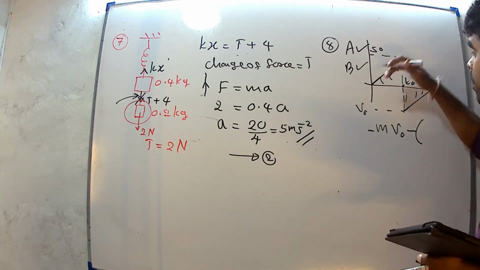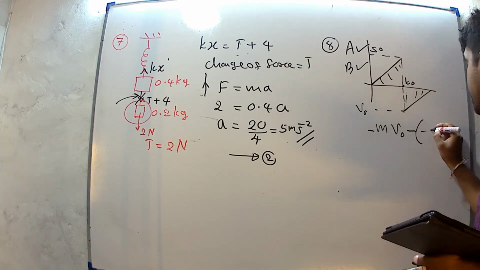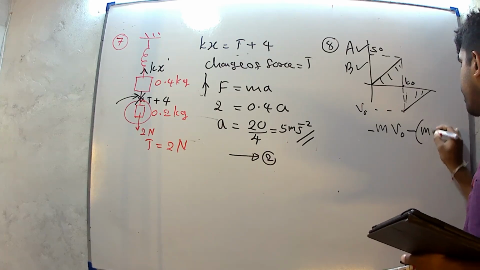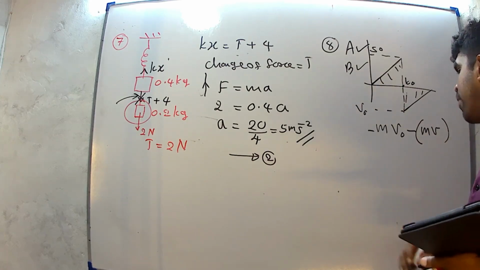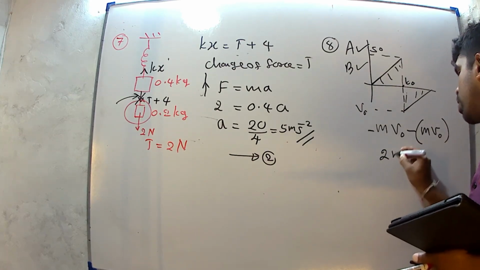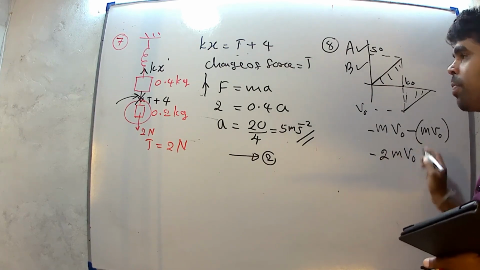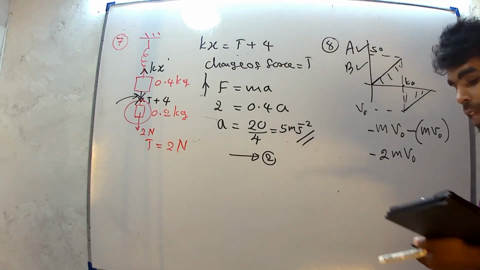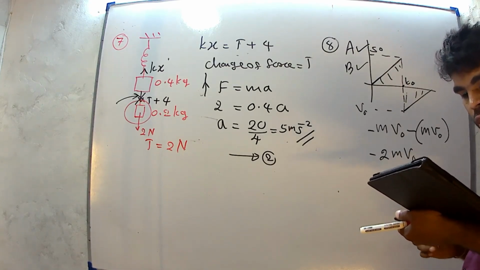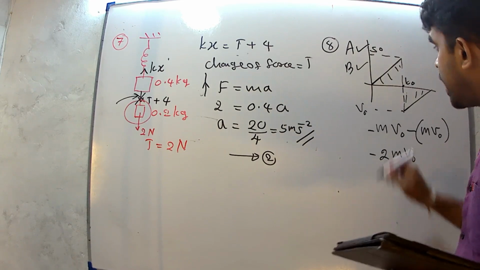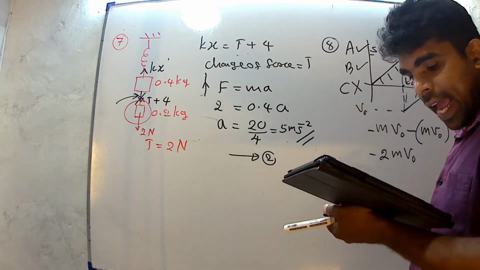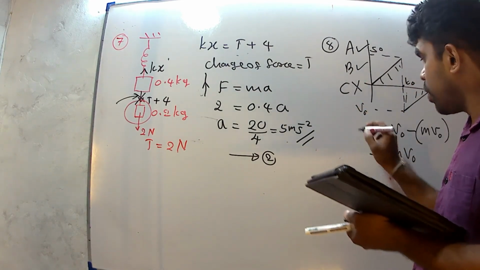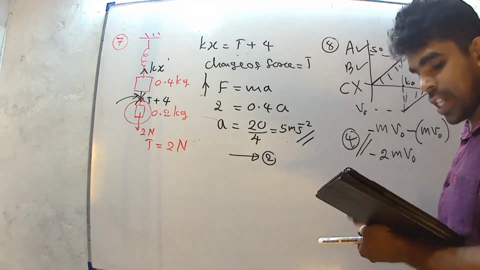It is in upward direction, therefore it is plus mv naught. Now we can simplify it. 2 mv naught, minus means considered direction. Therefore, it is not infinite. Then C is incorrect. Only A and B are true. Fourth one is the correct answer for question number 8.